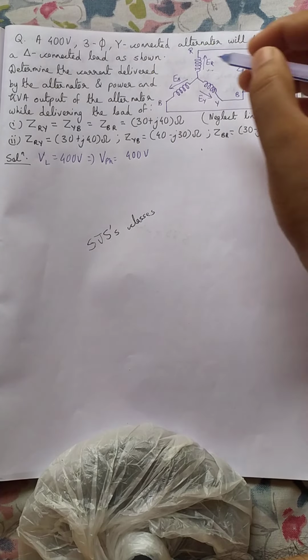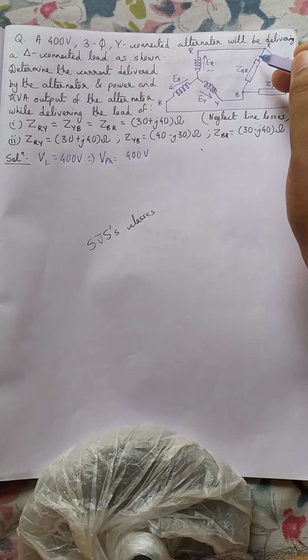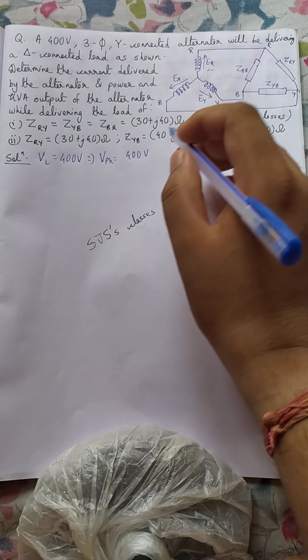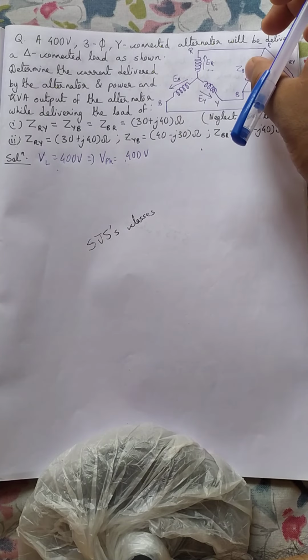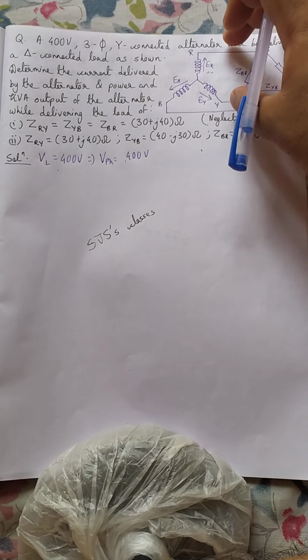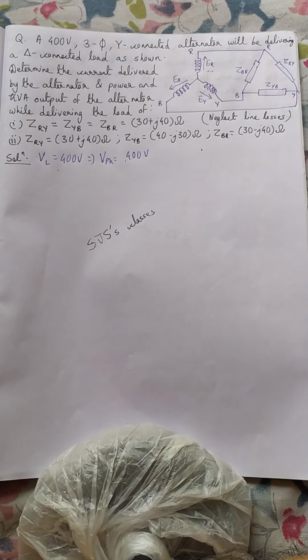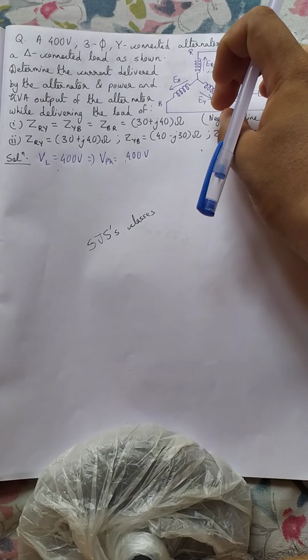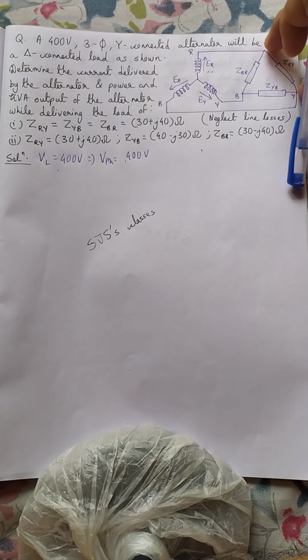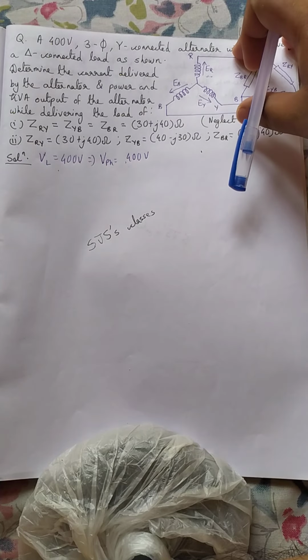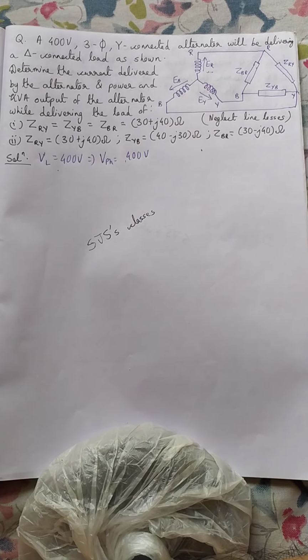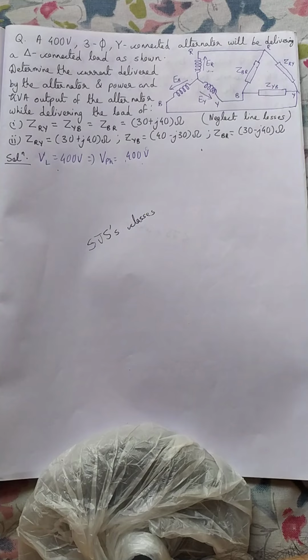I am concerned about the load now. For the load, the phase voltage will be equal to the line voltage, because across each of the three branches it is a line voltage, equal to 400.